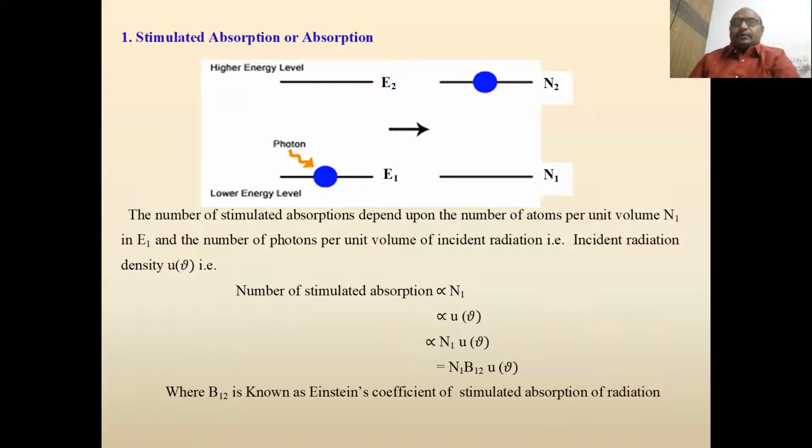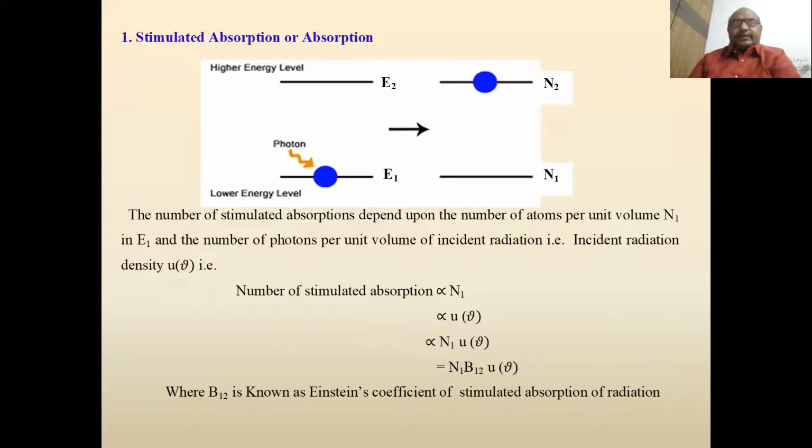The number of absorptions is directly proportional to N1 and to the energy density, that is equal to N1 B12 u(nu), where B12 is the Einstein coefficient of absorption.